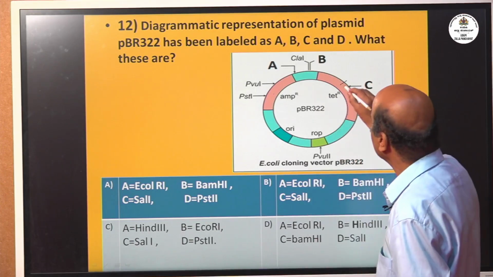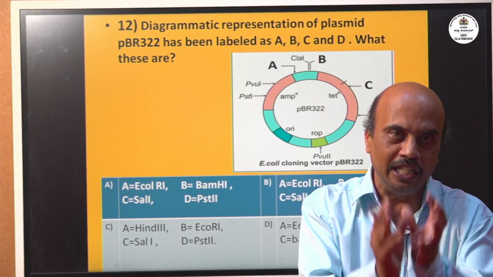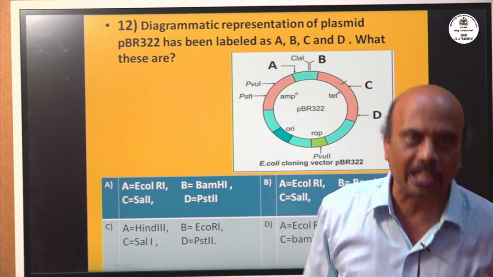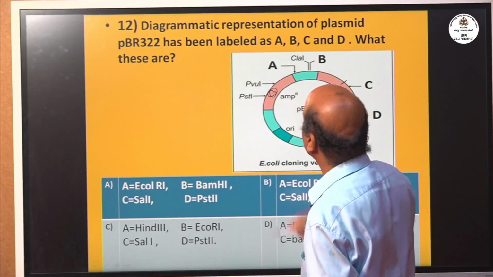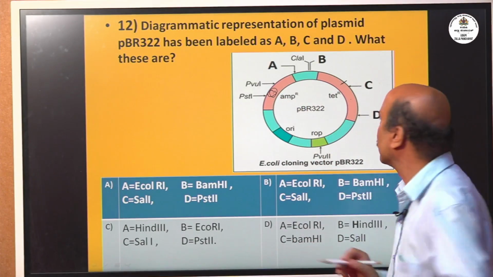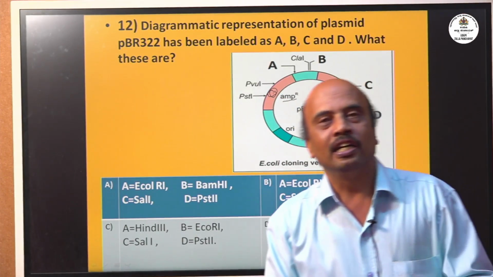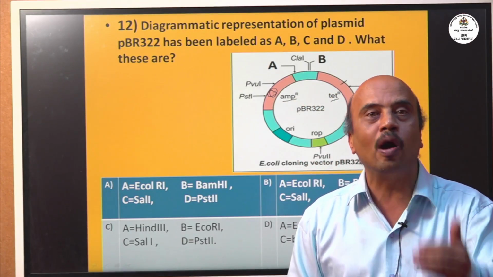Here, this is the site we call the tetracycline resistance site. That means the gene that is there in the C region provides resistance against the tetracycline antibiotic. Here, this is the ampicillin resistance site. This is tetracycline, this is the ampicillin resistance site. These antibiotic resistance sites are used as selectable markers.